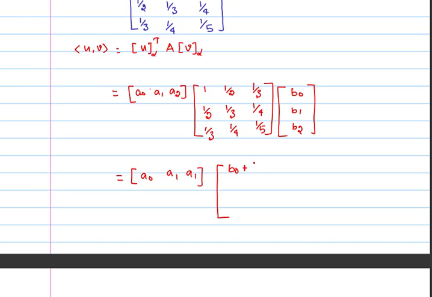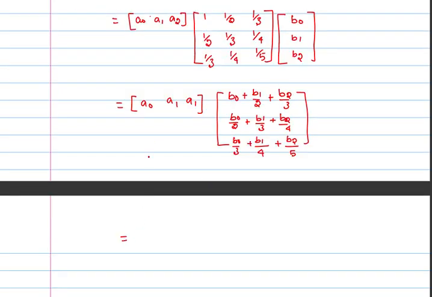B0 plus B1 divided by 2 plus B2 divided by 3, then B0 divided by 2 plus B1 divided by 3 plus B2 divided by 4, and finally B0 divided by 3 plus B1 divided by 4 plus B2 divided by 5.